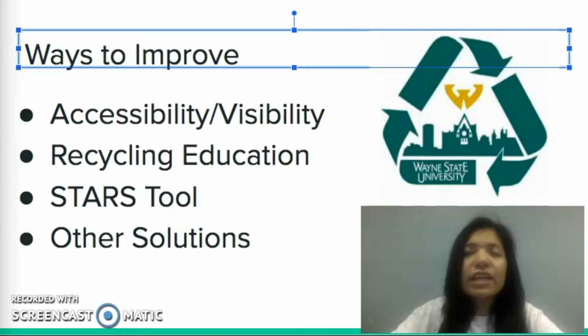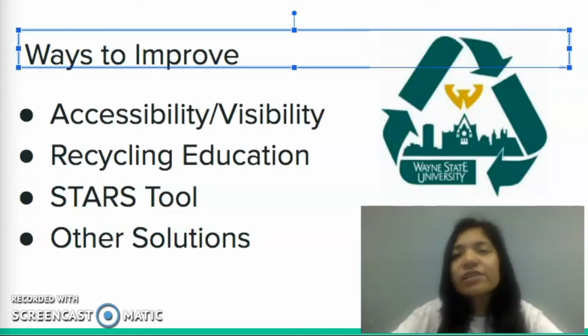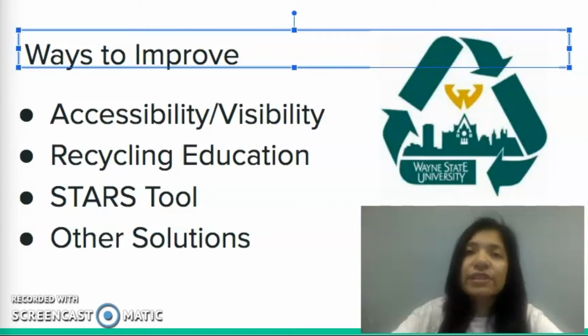We want to make sure that every building has a recycling bin, and that if somebody asks, for instance, "Hey, where is a recycling bin, or where can I recycle this can?", I can have a definite answer like, "Hey, you can go to the first floor of the engineering building," and give people that same answer.